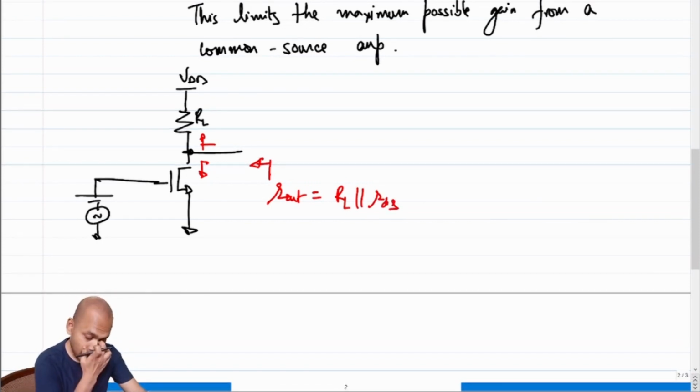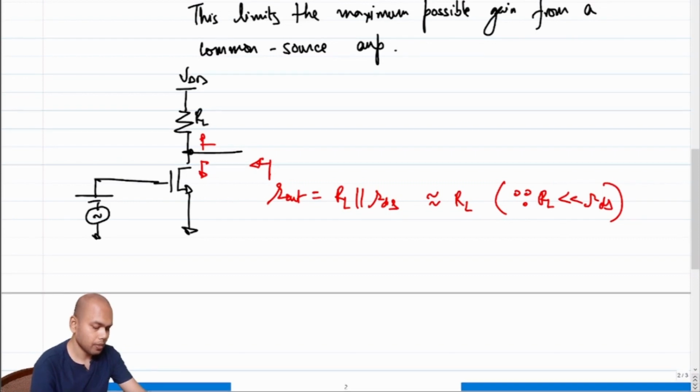And since RL is less than RDS, in case of most devices RL will be much less than RDS. This approximately becomes RL, since RL is generally much less than RDS, which generally is the case. And why do we generally have RDS to be very high?